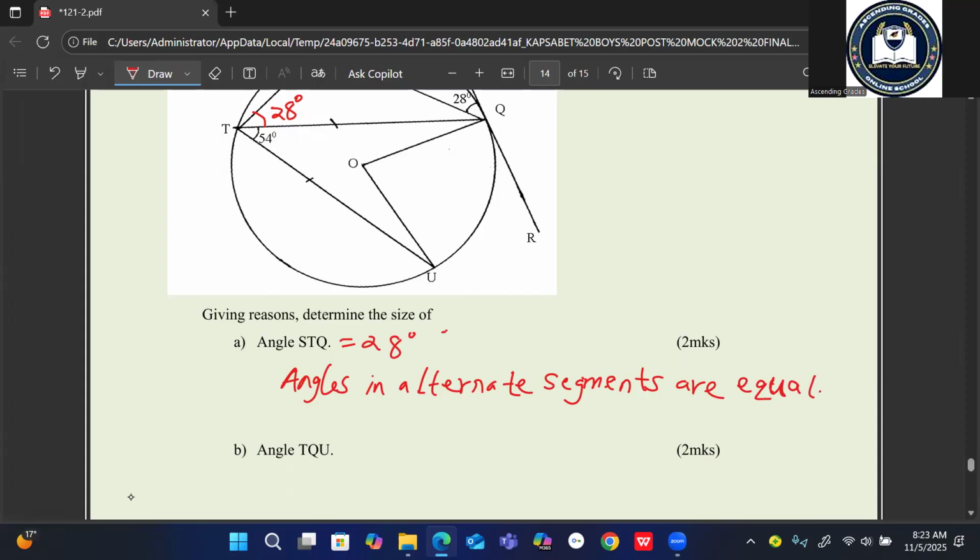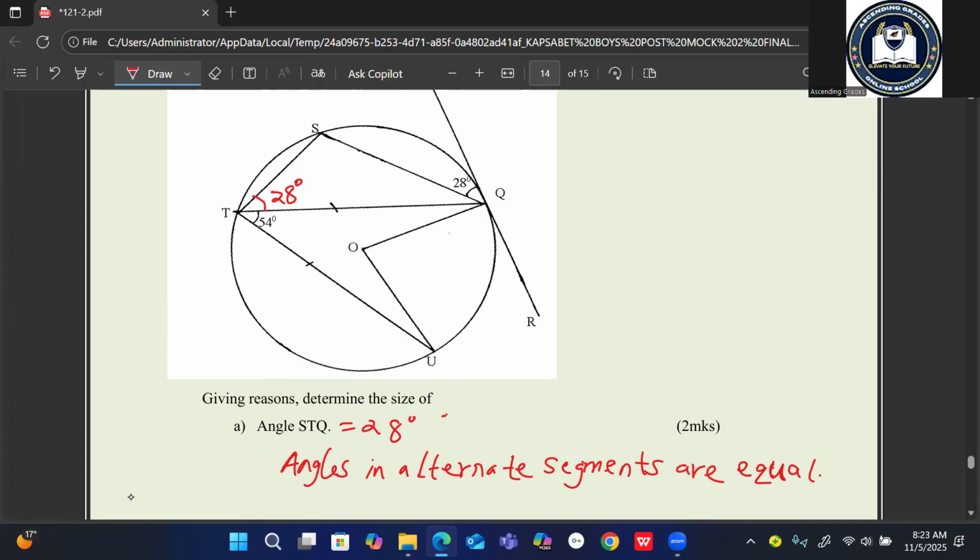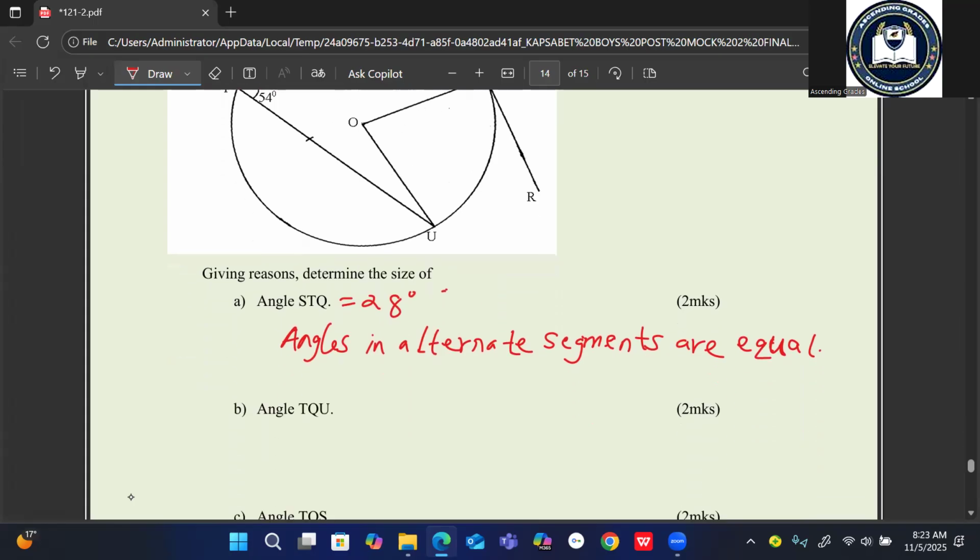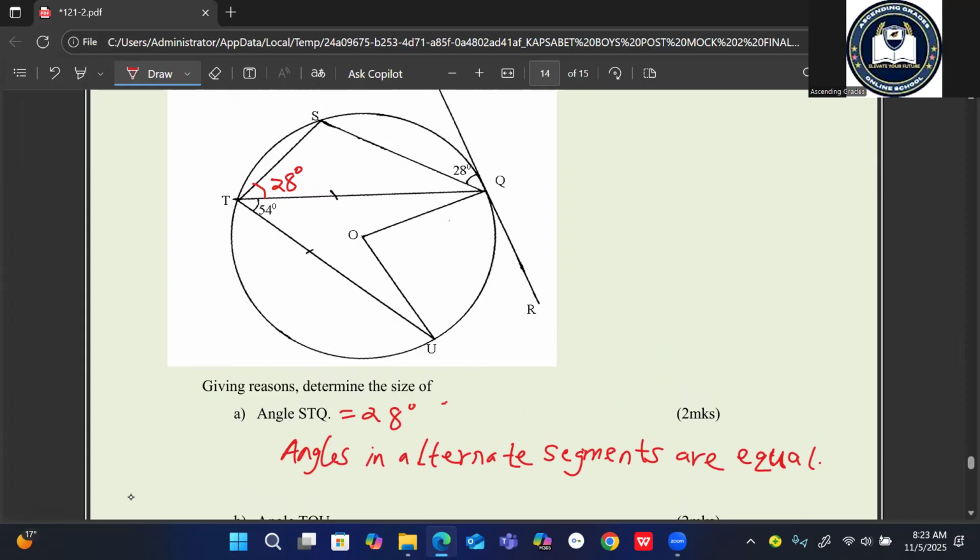The two segments are alternate, so the angles must be equal. Now angle TQU, we are told to find the size of angle TQU. You can draw it there. When you look at triangle TQU, we realize that it is an isosceles triangle. We all know that the base angles of an isosceles triangle should be equal.